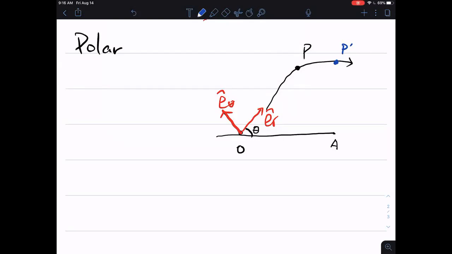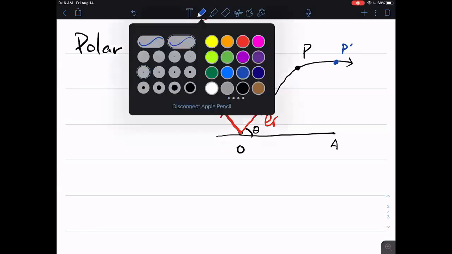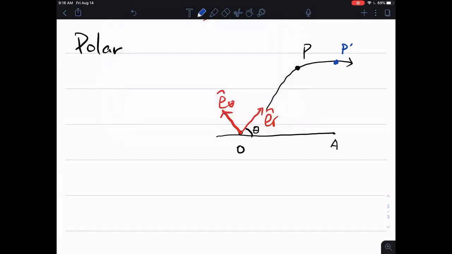But at that moment, your e_r and e_theta need to rotate by a certain angle so that e_r is pointing to the particle P and e_theta is still pointing in the direction of increasing theta. So at each moment, you're going to have a different orientation of the coordinate system, if that makes sense.